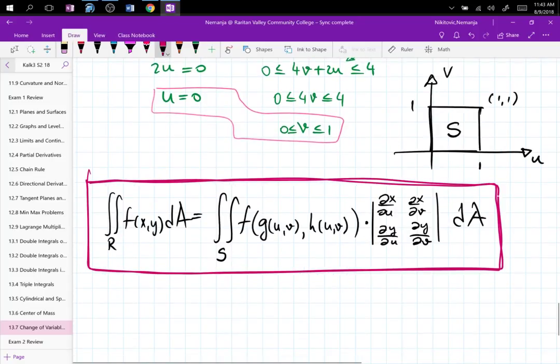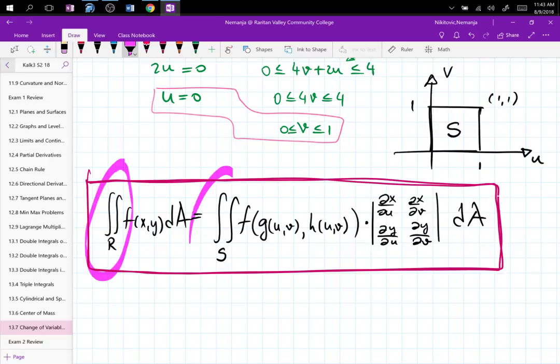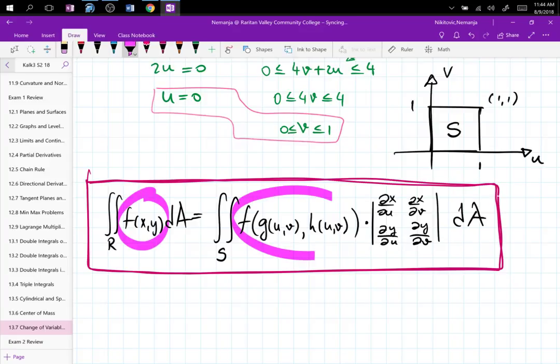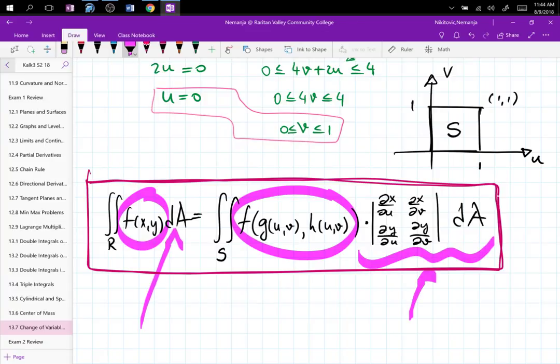What do we have? Our transformation that we did so far deals with this, to get you the limits of the integration. We are left to transform the function, and then we are also left with transforming the dx dy part.